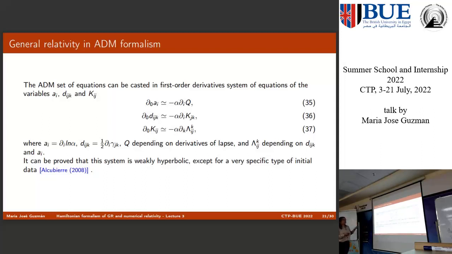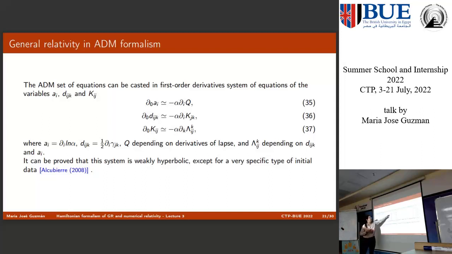And we can still cast the system in a more simple way, artificially simple, if we express the time derivatives of some variables. I can express the system a little bit simpler if I define, for instance, A as the spatial derivative of the lapse and D as the spatial derivative of the metric, and then I can express the system as a linear system of equations, not nonlinear.